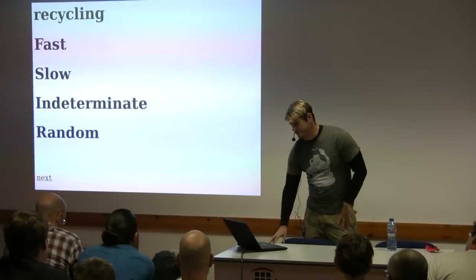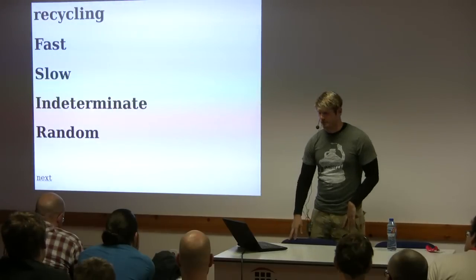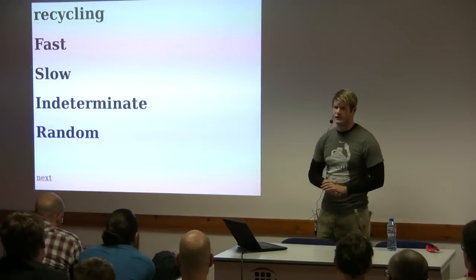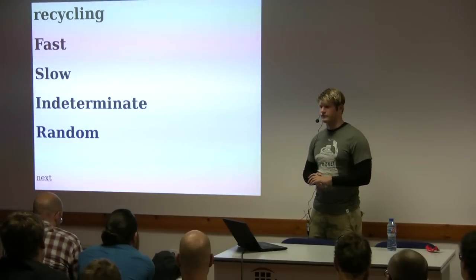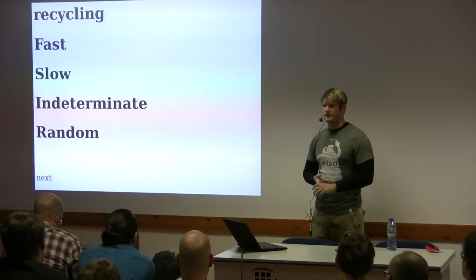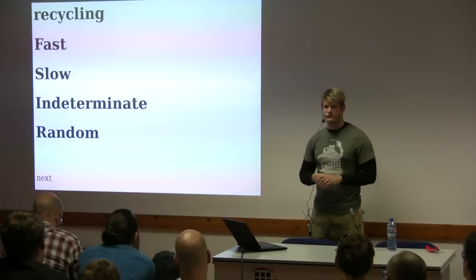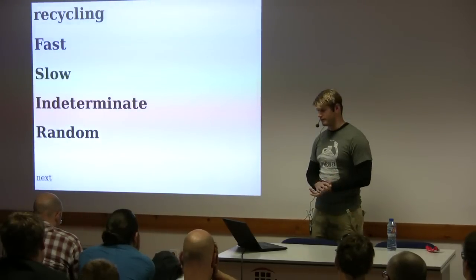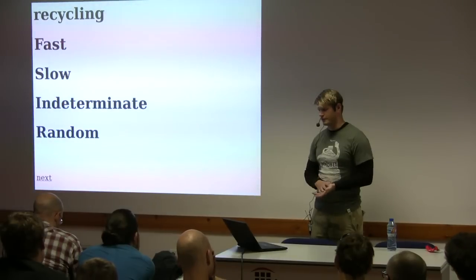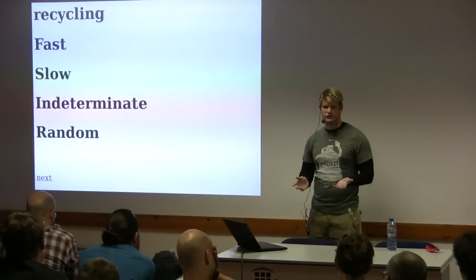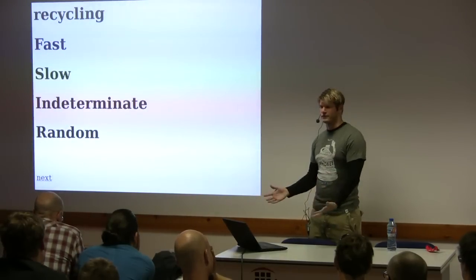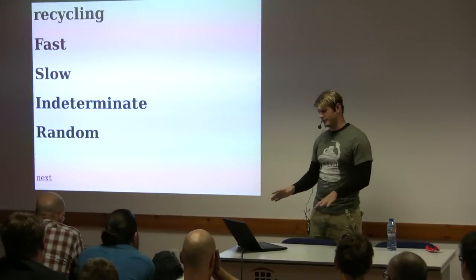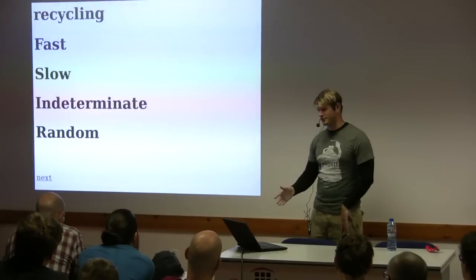Now, the opposite policy would be slow recycle, which is first in, first out, or last in, last out. This is where you free something and then it stays on the free list for as long as possible. This is LRU, and the buffer cache uses slow recycle because you want to keep buffers valid for as long as possible, although the buffer cache isn't quite like an allocator.